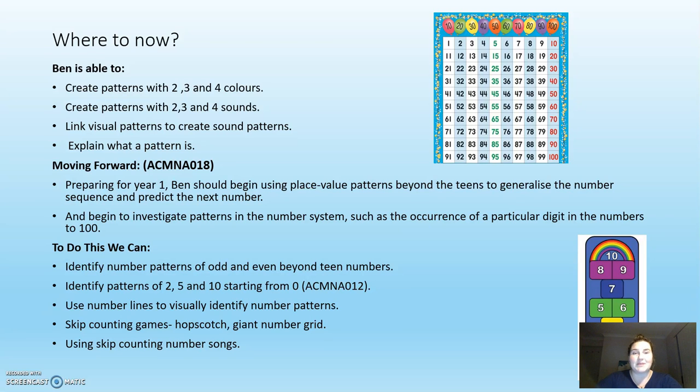I would do this because I know that Ben enjoys physical activity, but it's also a fun way to include number patterns. As well as number lines, hopscotch, and giant number grids, I could also utilize skip counting songs, which I found on YouTube.